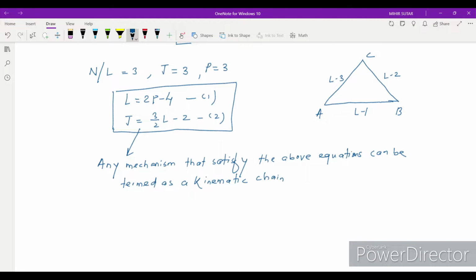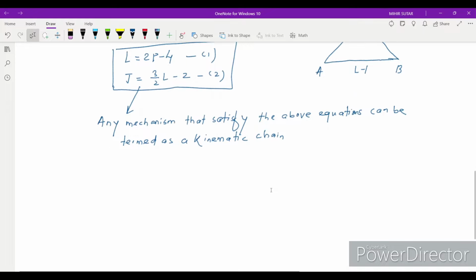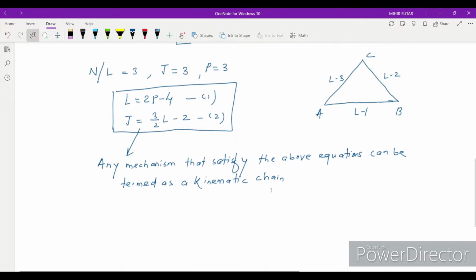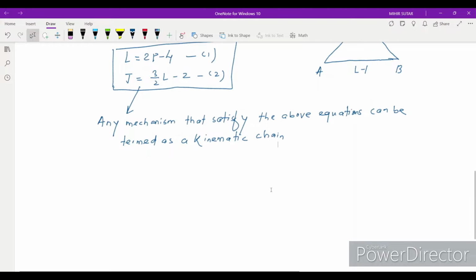So for this 3 link case, we'll see whether it is a kinematic chain or not, because here you can see the first link is connected with the last one.